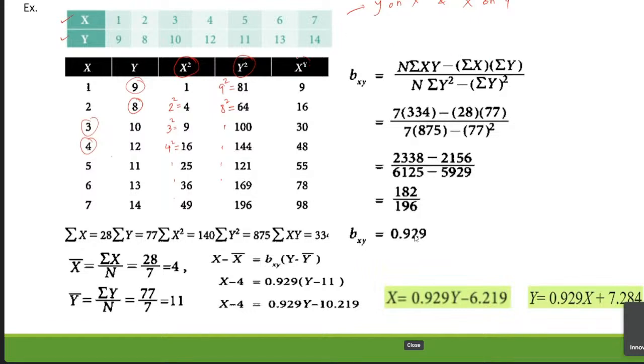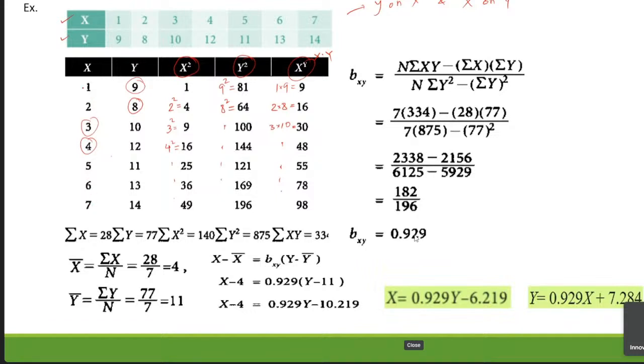And the third value is the value of x into y. So x into y, if you multiply 1 into 9 is equal to 9, 2 into 8 is 16, 3 into 10 is 30, and so on. After that, what we should do, we just add each and every column. That is, add all the numbers.